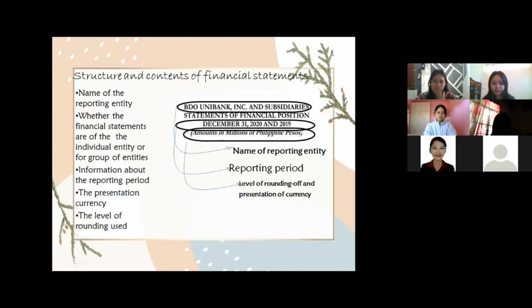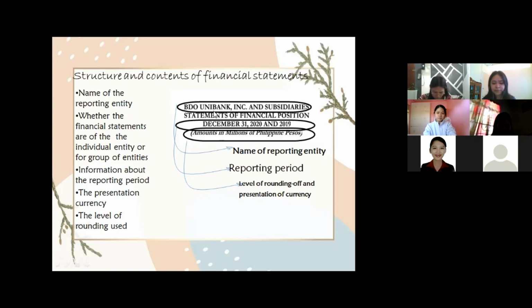Tapos, the date. Information about the reporting period or the date of the end of the reporting period or the period covered by the set of financial statement or notes, the presentation currency, and the level of rounding used in presenting amounts in the financial statement.